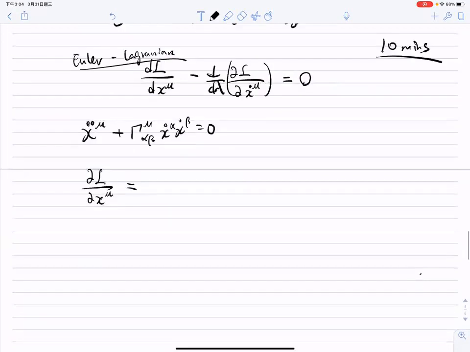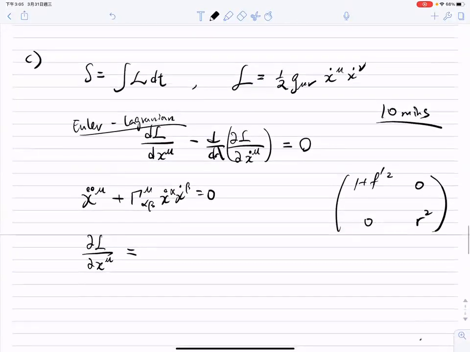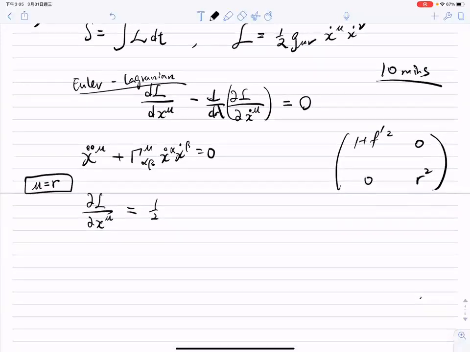Okay, let me write it down. The metric components are 1 plus f squared, 0, 0, r squared, right? And then the derivative of the Lagrangian with respect to x mu would be 1 over 2 times the derivative of g mu nu. We first calculate mu equal to r. Just like what we did in the previous question, we separate two cases, mu equal to r and mu equal to phi.